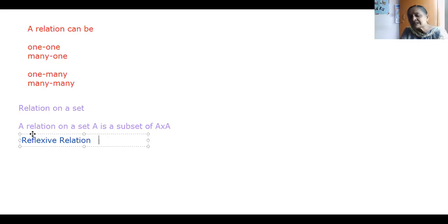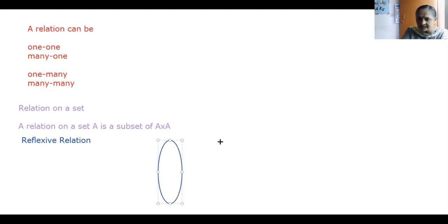So it's natural that I'm talking about a relation on a set. I'm taking the same set again. While describing a reflexive relation, I'll draw A and again draw A back.